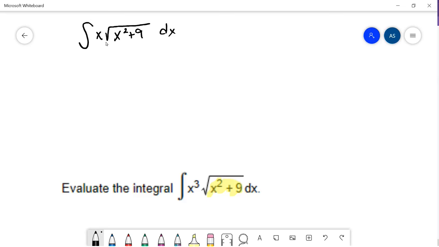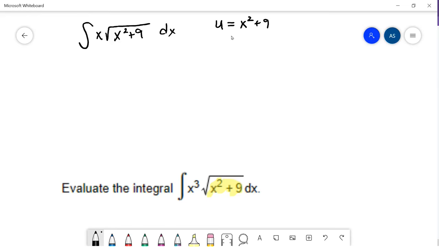Okay, so once again, with this substitution method, the idea most of the time, not all of the time, is that you let u be something that is inside. So I'm going to let u be x squared plus 9.